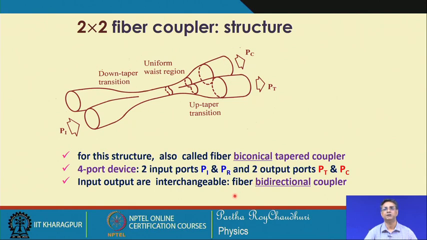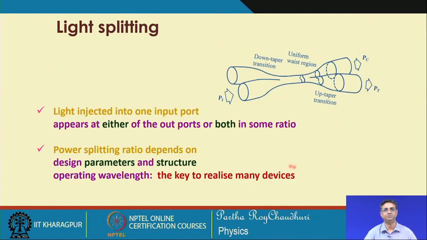Therefore, this coupler is also called a bidirectional fiber coupler. Light injected into one port appears at one of the output ports or in both the ports in some ratio. This all depends on the design parameters and the structure of the coupler.